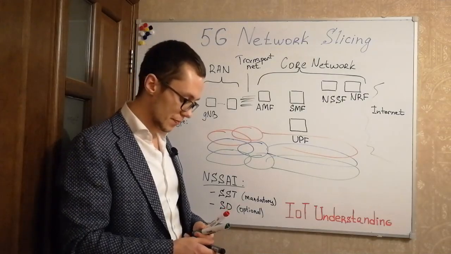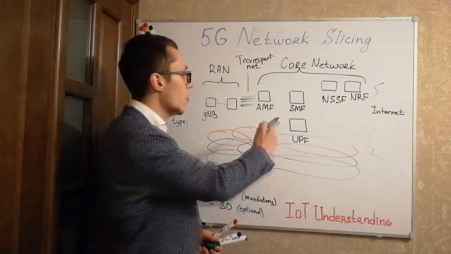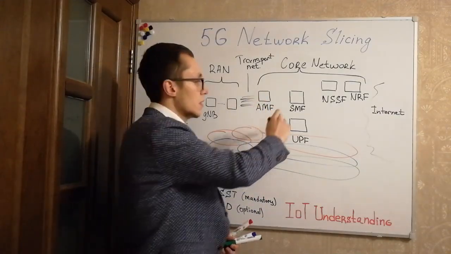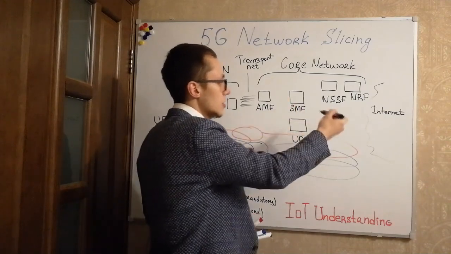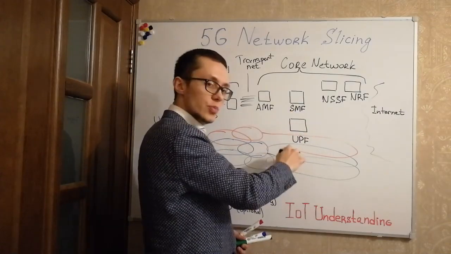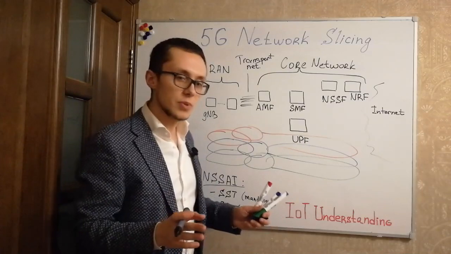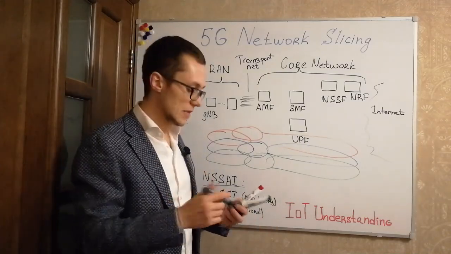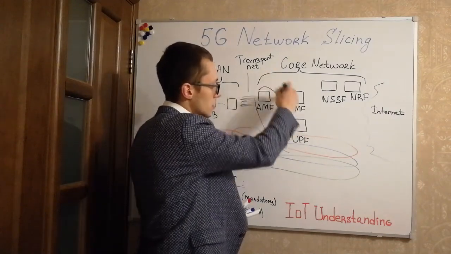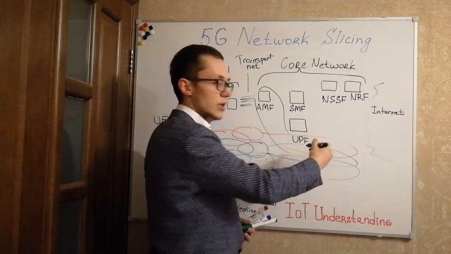So generally speaking, for each slice we have only one AMF, and different SMF and UPF functions. So simply put, one AMF and different slices, different SMF and UPF.